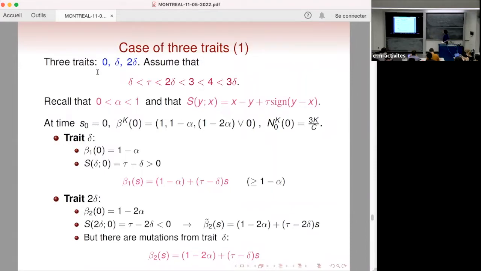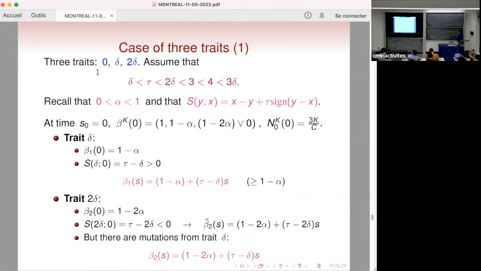And what does it mean? That means that beta 1 of s will be, following the initial condition, 1 minus alpha plus the fitness, tau minus delta, times s.